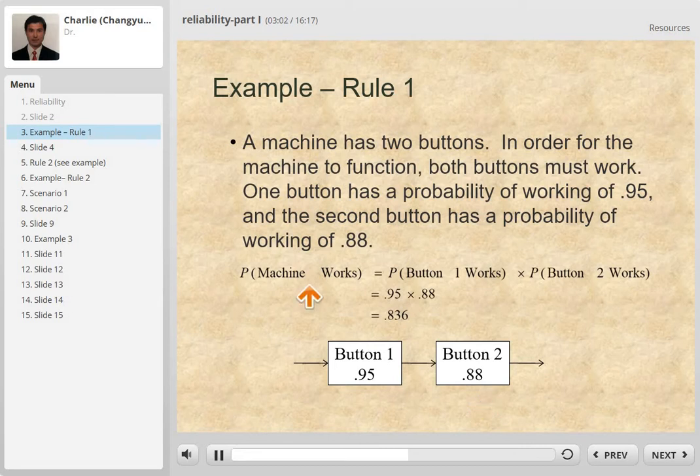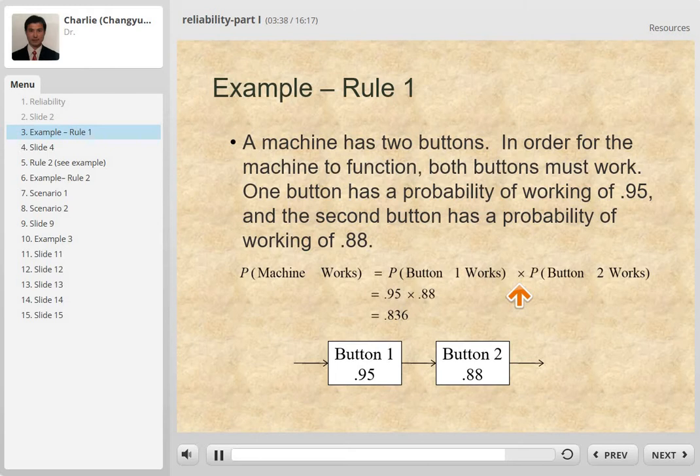We write P of machine works equals P of button 1 works times P of button 2 works. What does this mean? That means the probability of machine works equals the probability of button 1 works and the probability of button 2 works. Using rule 1, that is the product of these two probabilities.